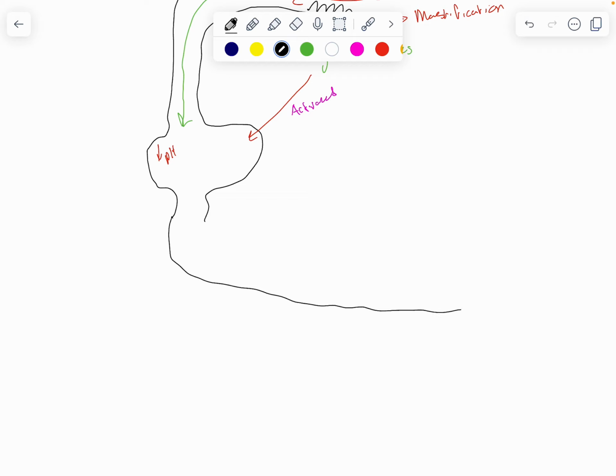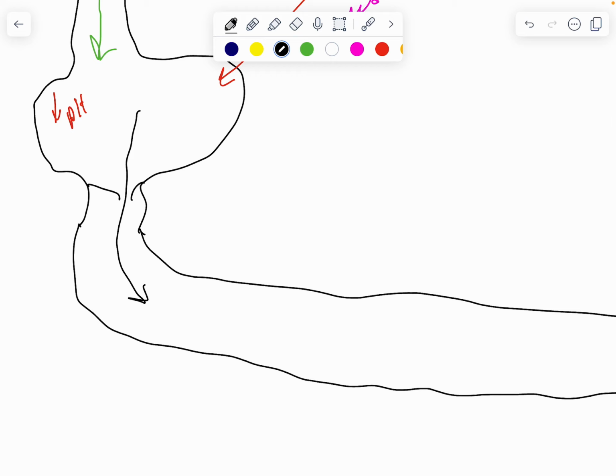And then we'll get down here to the small intestine. And that's a little valve right there. Once the food moves from the stomach into the small intestine, we'll have the release of cholecystokinin. I'm just going to put CK right there, which is going to be helping with bile release.